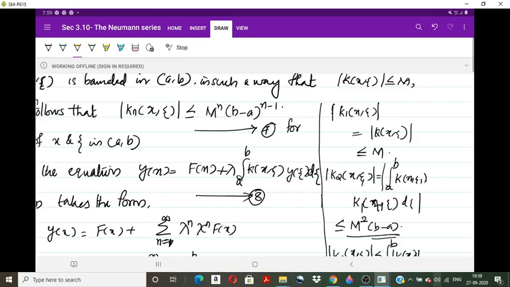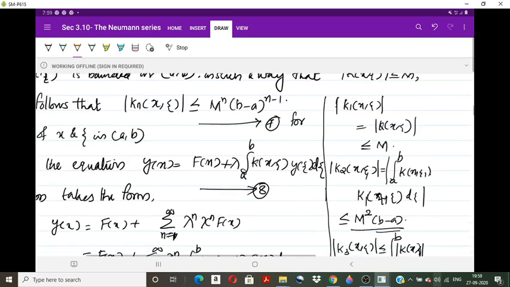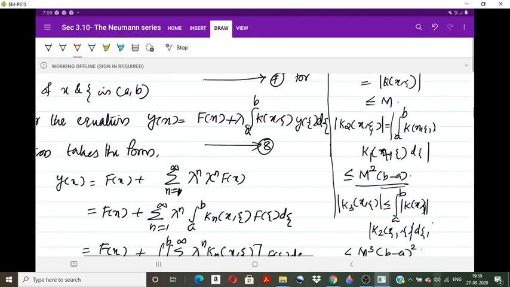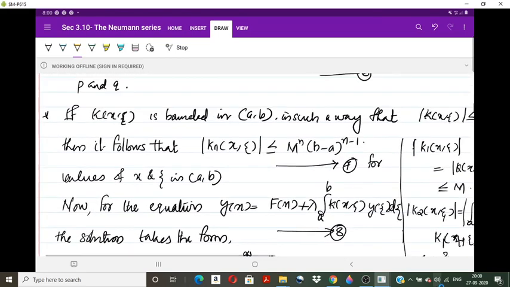So mod of k2 of x theta is less than or equal to m square into b minus a. Similarly, mod of k3 of x theta is less than or equal to m cube into b minus a raised to 2. So in general, we have mod of kn of x theta less than or equal to m raised to n into b minus a raised to n minus 1 for values of x and theta in the open interval a b.